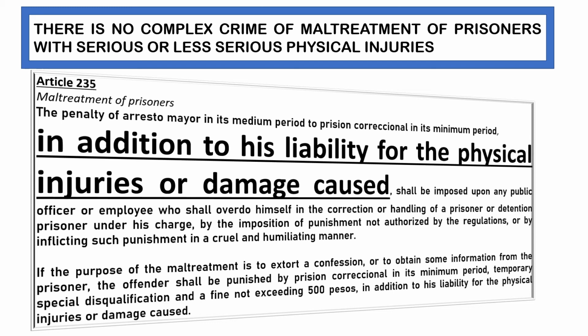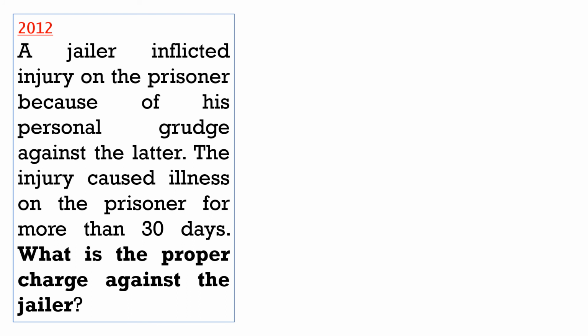So take note ha, there is no complex crime of maltreatment of prisoners with serious or less serious physical injuries. So for application, let's read this 2012 bar exam question.